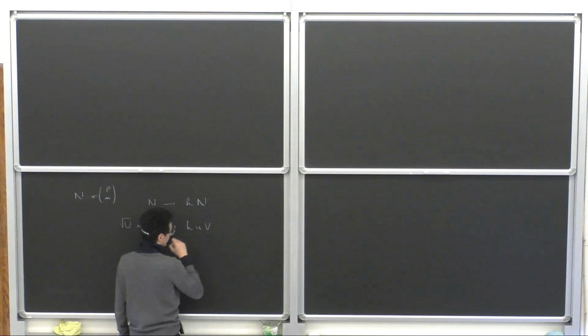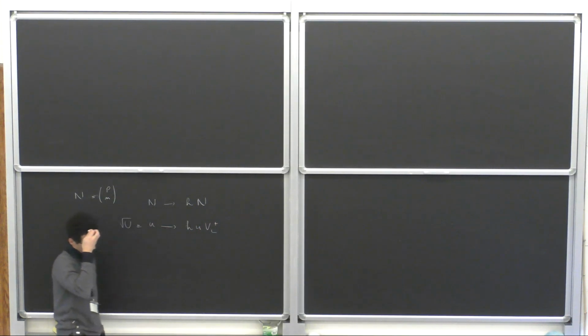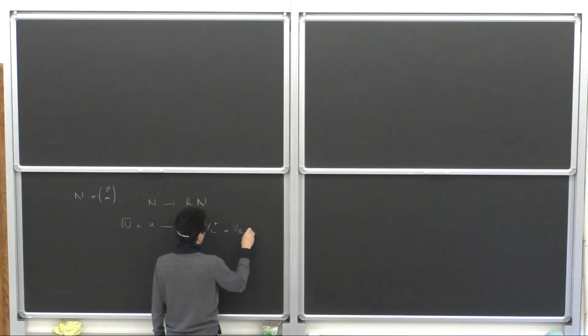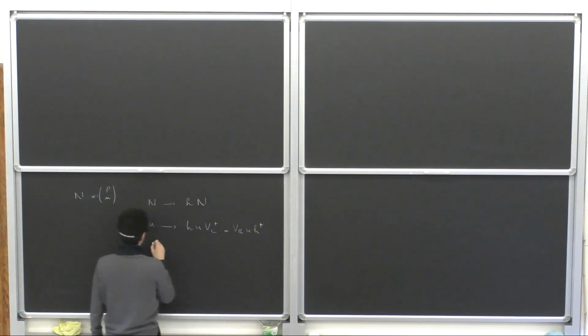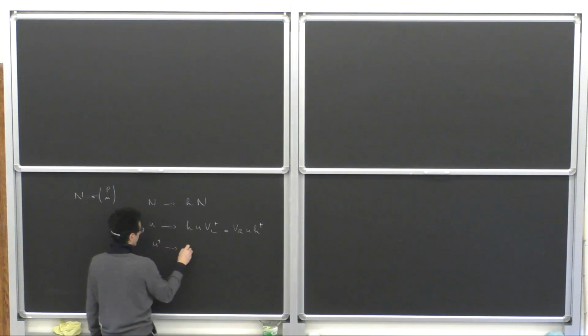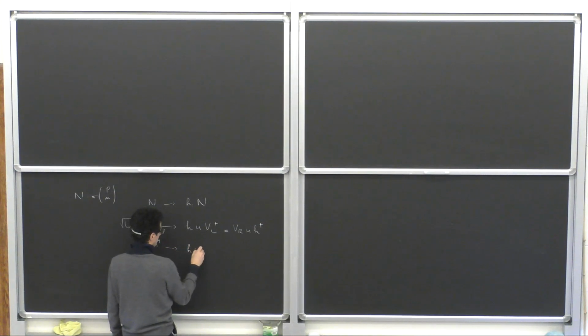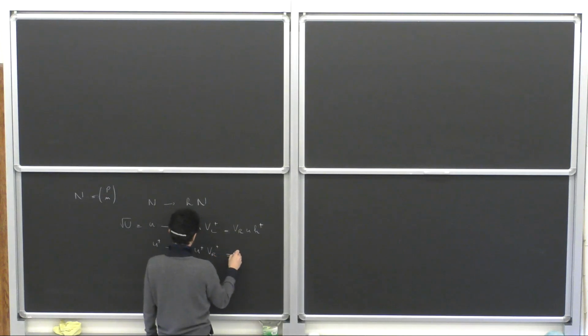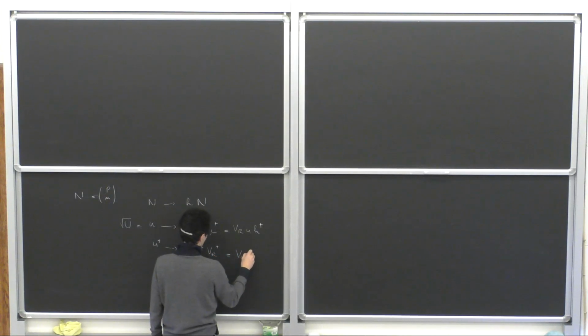U goes to V R U H dagger, and of course the Hermitian conjugate is H U dagger V R cross, and then it is equal to V L U cross H cross.